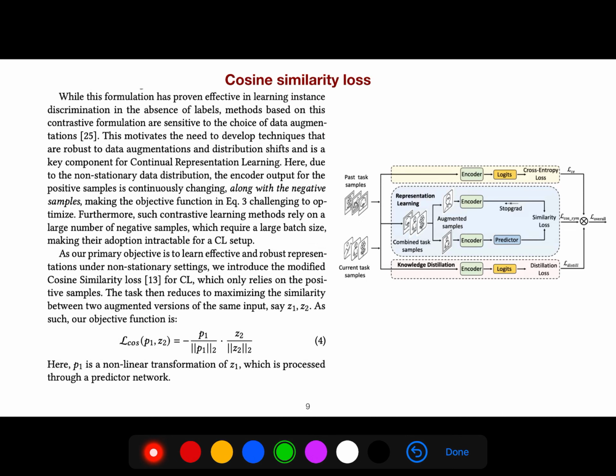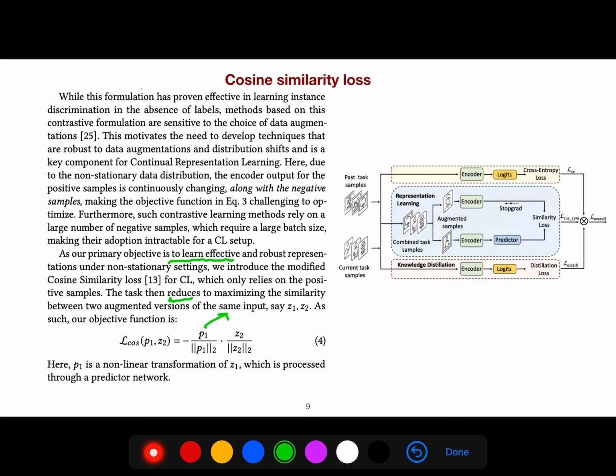Our primary objective is to learn effective and robust representations under a non-stationary setting. So we introduce the modified cosine similarity loss, which only relies on the positive samples. The task then reduces to maximizing the similarity between two augmented versions of the same input. P1 here is the nonlinear transformation of Z1.